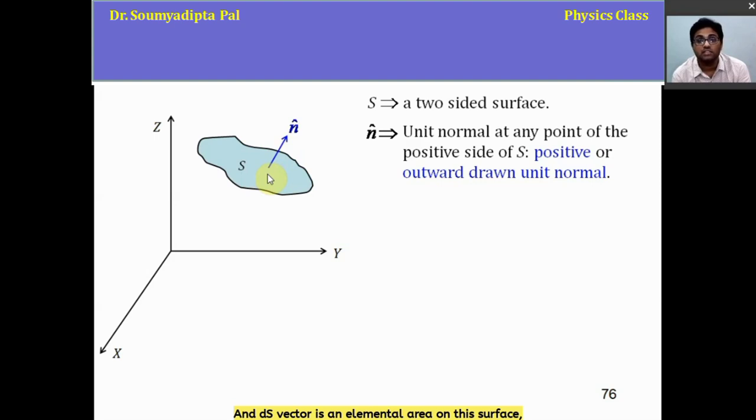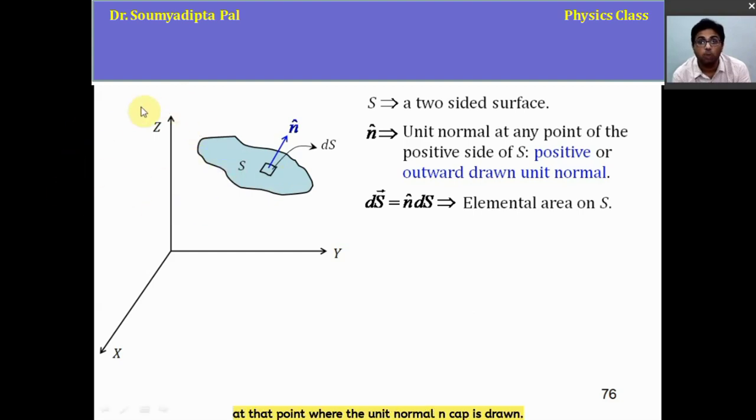And ds vector is an elemental area on this surface at the point where the unit normal n cap is drawn. Then we can write the area ds vector as n cap ds.